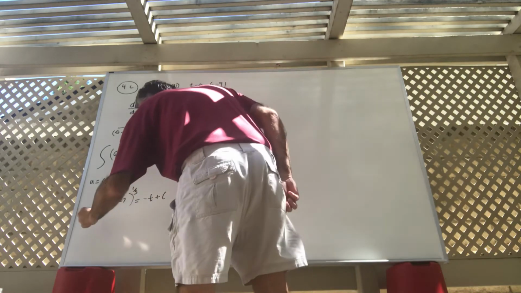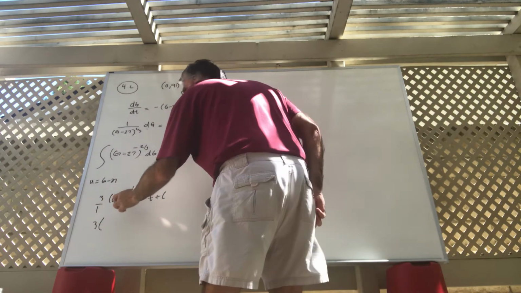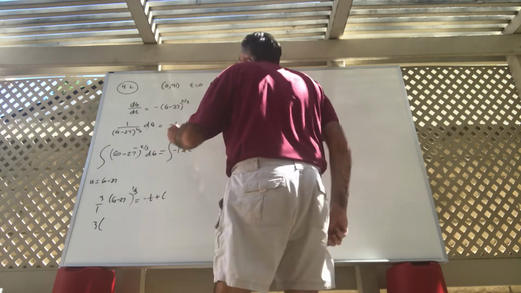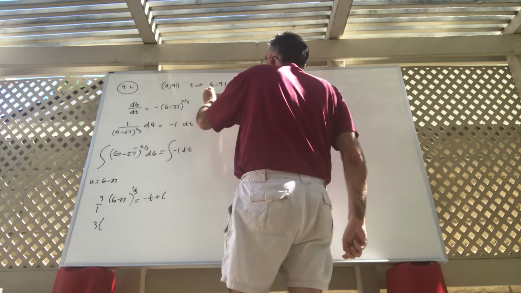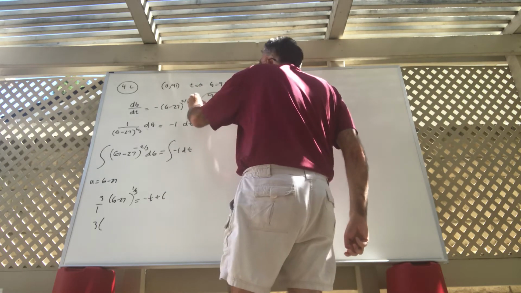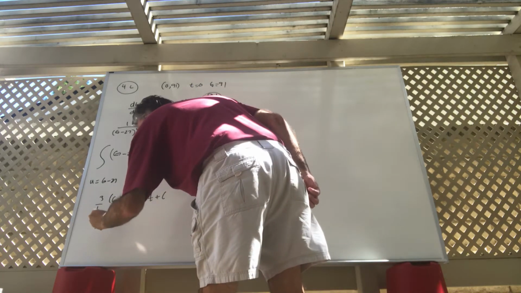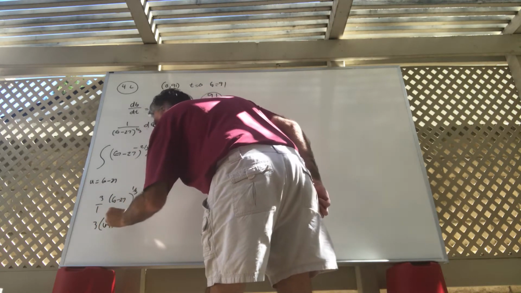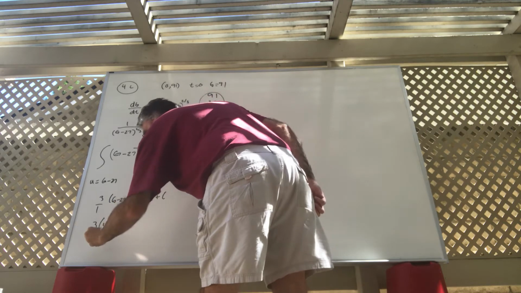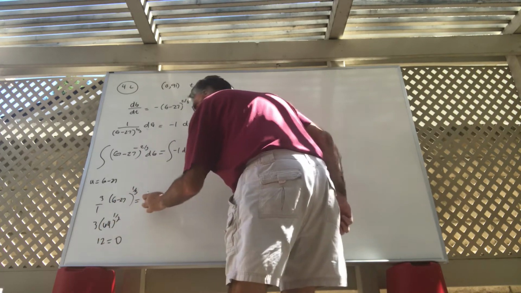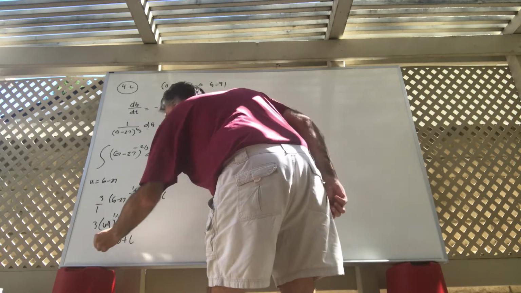So if I put 91 in there, 91 minus 27 is 64. The third root of 64 is 4. 4 times 3 is 12. Negative 0 is, of course, 0. So I get c is 12.